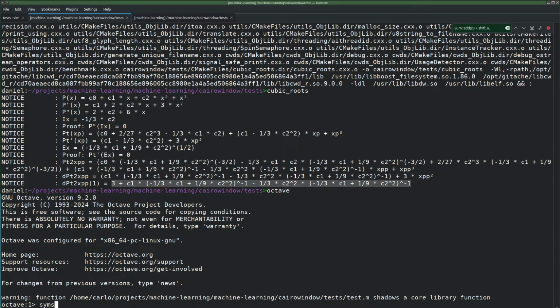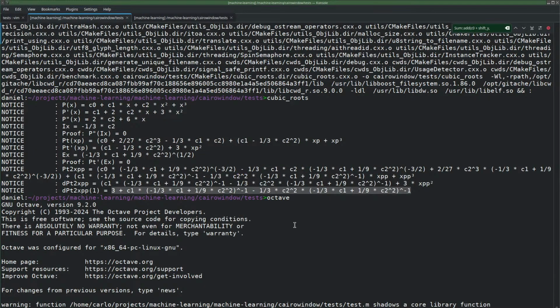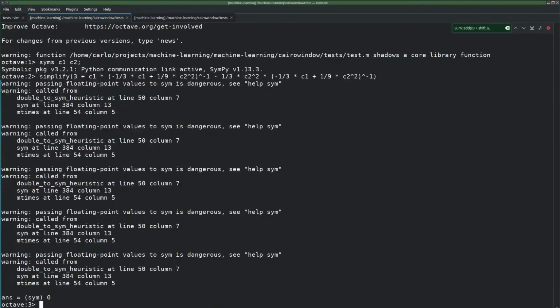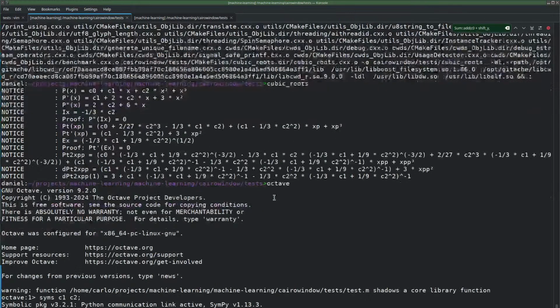With simps, you have the symbols C1 and C2. That's it. So simplify this whole thing is 0. So it could have done that immediately. It is simply a 0. So that is, yeah.